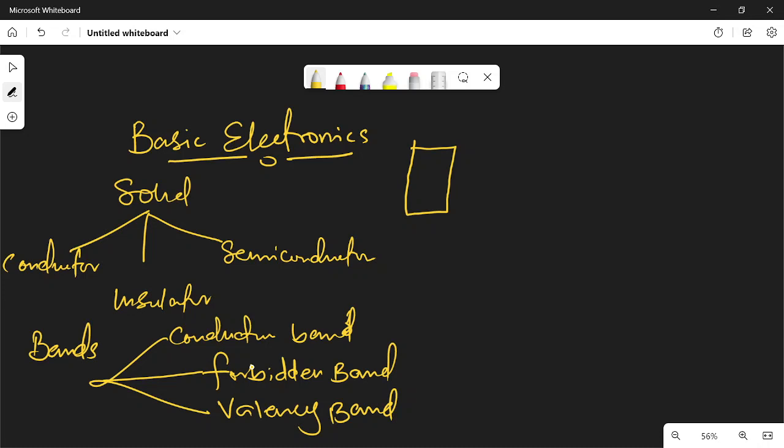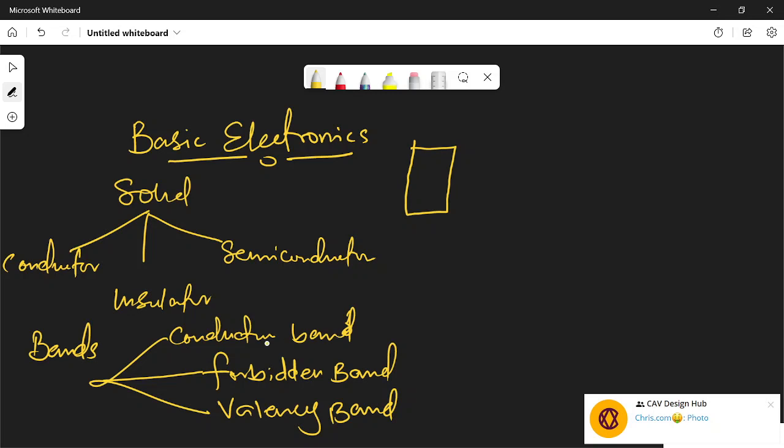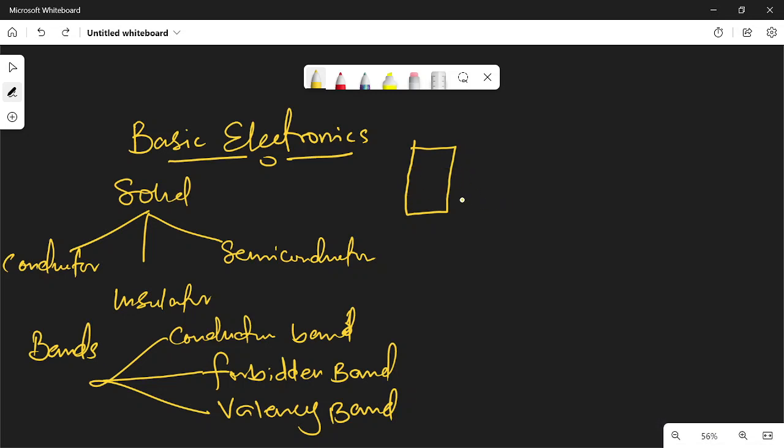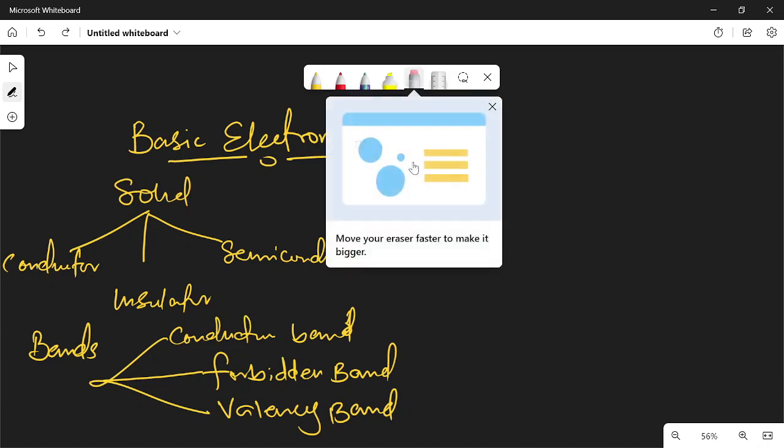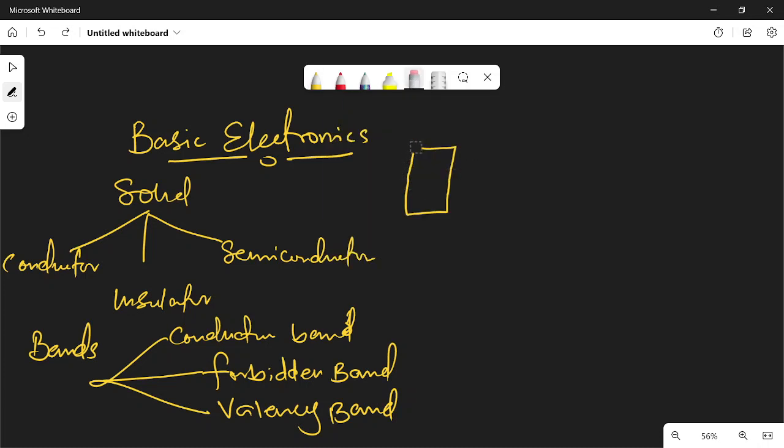When you have a solid material, that material has a conduction band, it has forbidden or fabricated band, and it has a valency band. Now if the material is a conductor, then we are going to have that. Okay, let me redraw this diagram here.